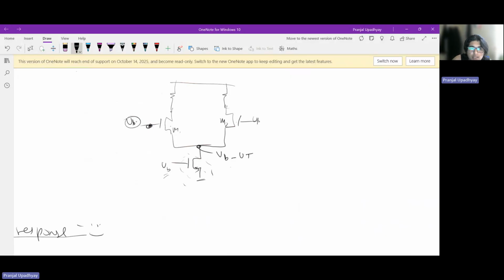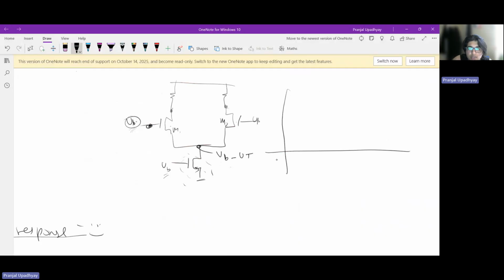Perfect. And here, since the current flowing is very less, because this guy is just in saturation, and below this voltage it was in triode, we can say this node voltage is also high because the current value was low. So my point is that when the CM value just crosses VB, both of these transistors are already in saturation.